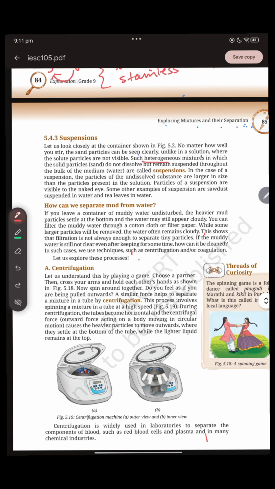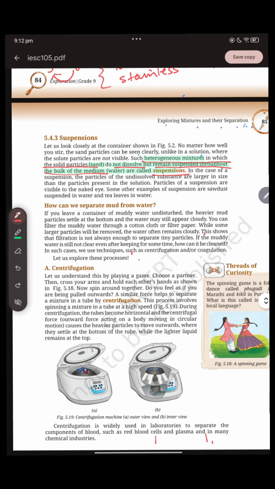So they are heterogeneous mixtures in which solid particles, say sand is an example, do not dissolve but remain suspended throughout the bulk of the medium. Say if I take water, that is known as suspension. So what is important over here is they are heterogeneous mixtures, they do not dissolve, they remain suspended.